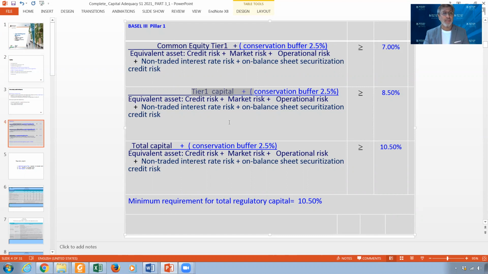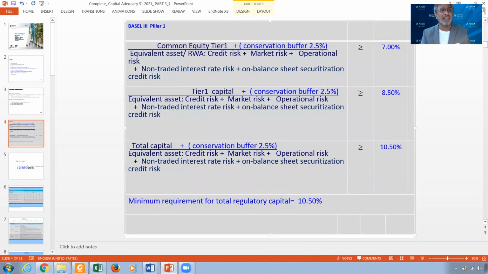according to Basel tables. And then in the denominator, we have to have the equivalent assets, which is the risk-weighted assets. When we say equivalent asset, we actually mean risk-weighted assets for credit risk, market risk, operational risk, securitization, and non-traded interest rate risk in the banking book. All of those are the ones that we need to calculate.